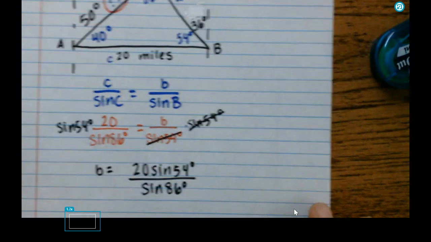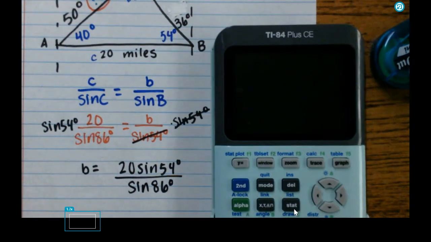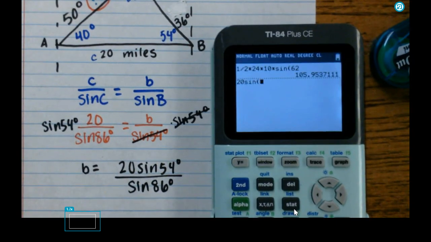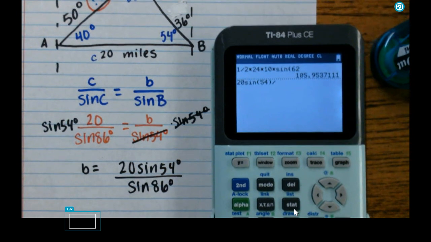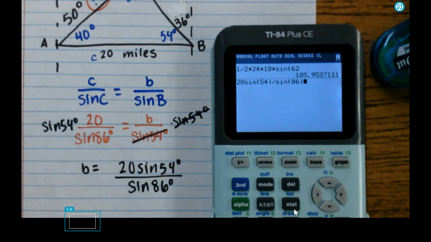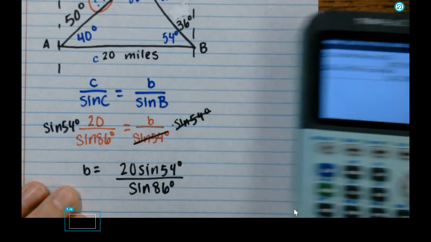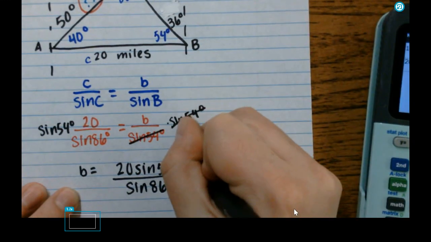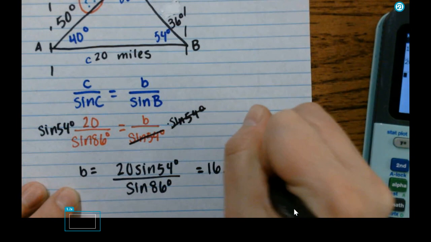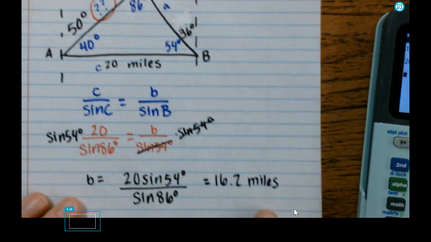And I can throw that in a calculator: 20 sine of 54 divided by sine of 86. And I get 16.2 miles, which makes sense compared to that 20 miles. Cool. Any questions right now?